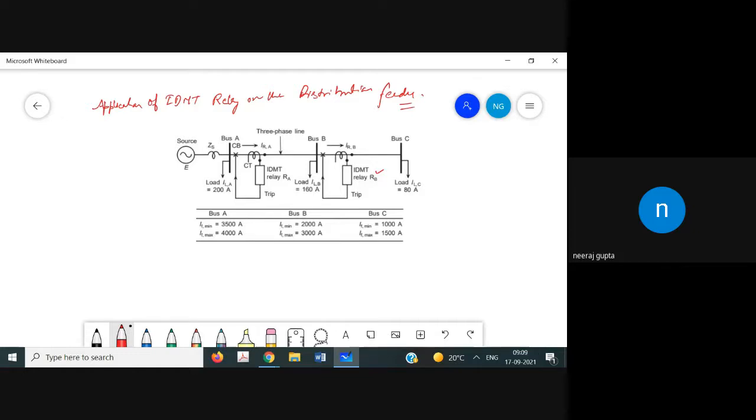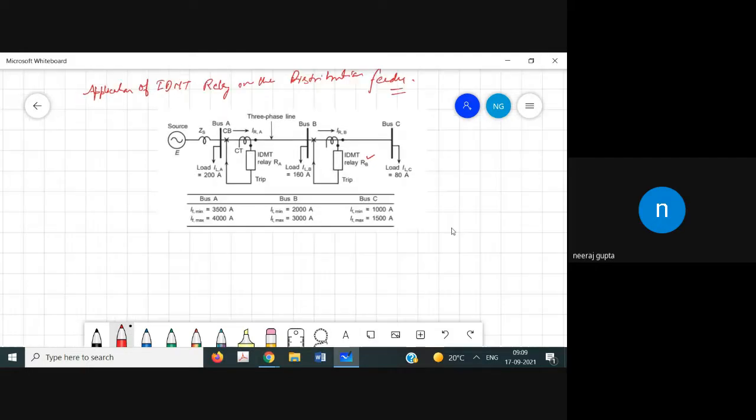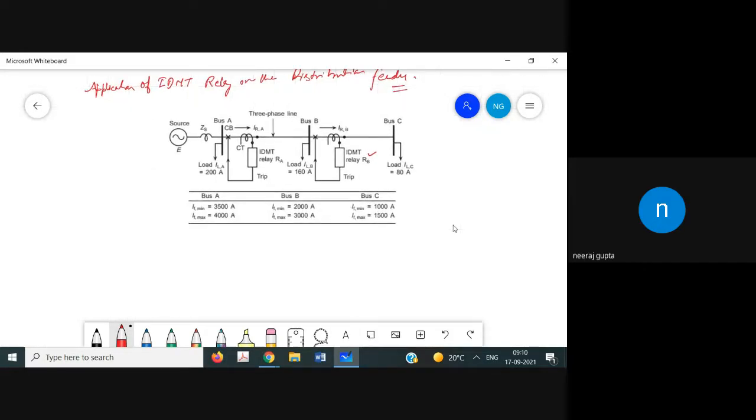Now, as we know, we have to start the setting of the relay from the tail end. So first, we start the process at the tail end of the system.